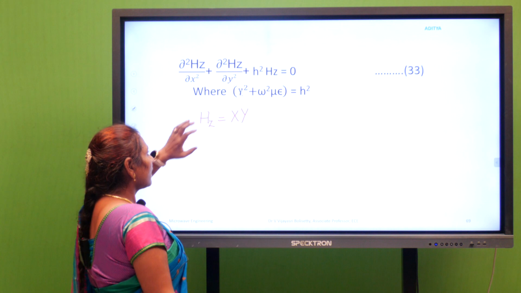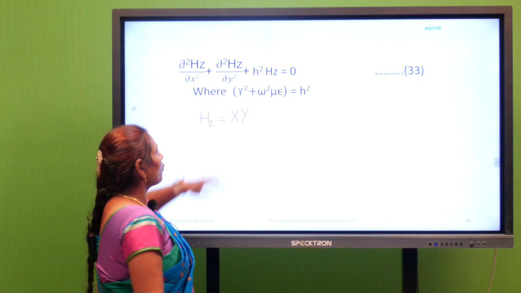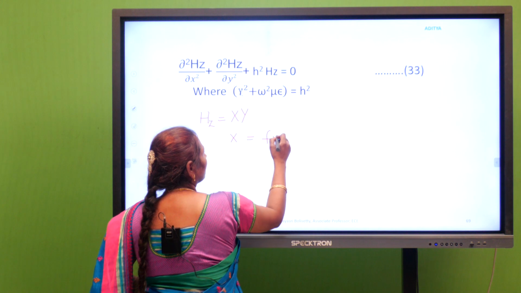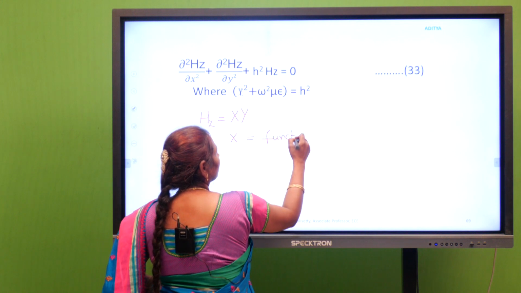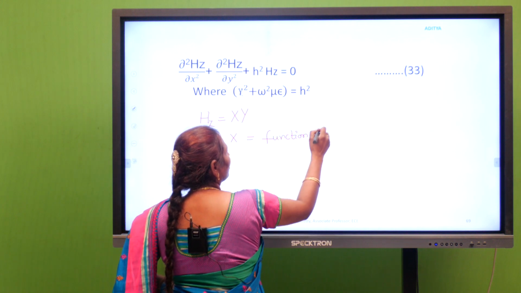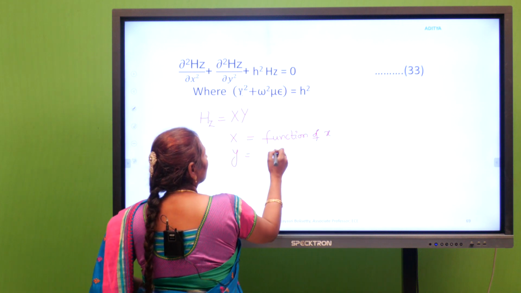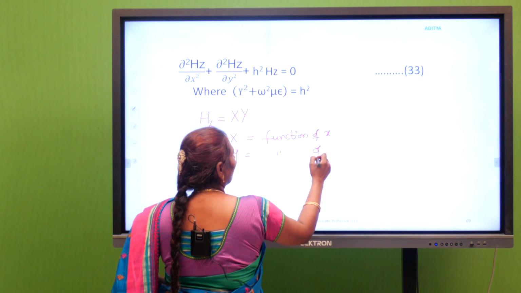That means X is a function of x and Y is a function of y.